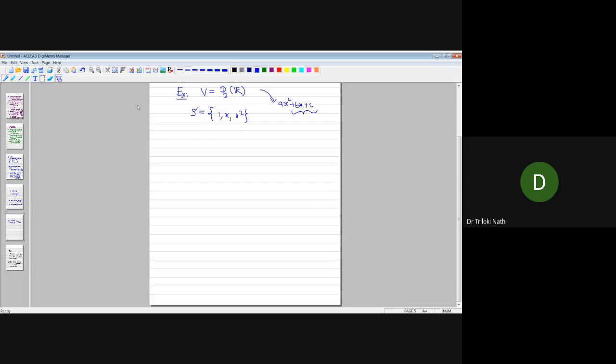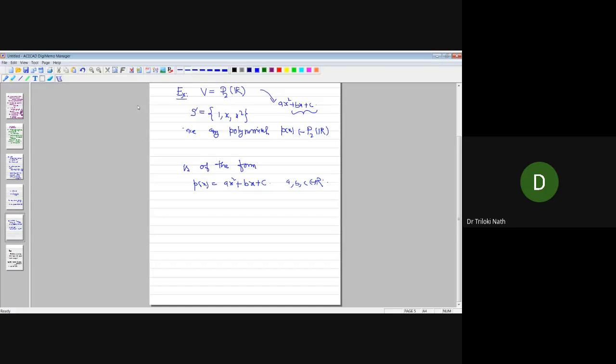Now, since any polynomial p(x) in P2R is of the form p(x) equals ax square plus bx plus c, where a, b, c belong to R. I'm not saying this is of degree 2 or degree 1 or degree 0 or degree -1.